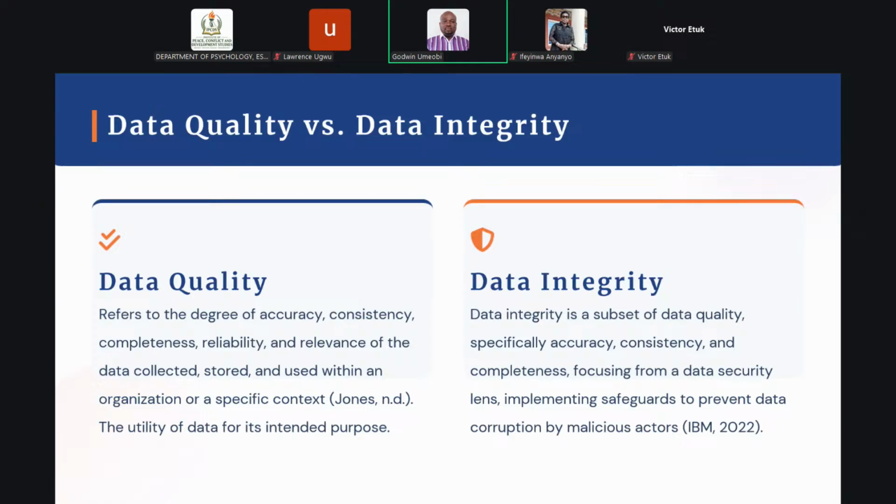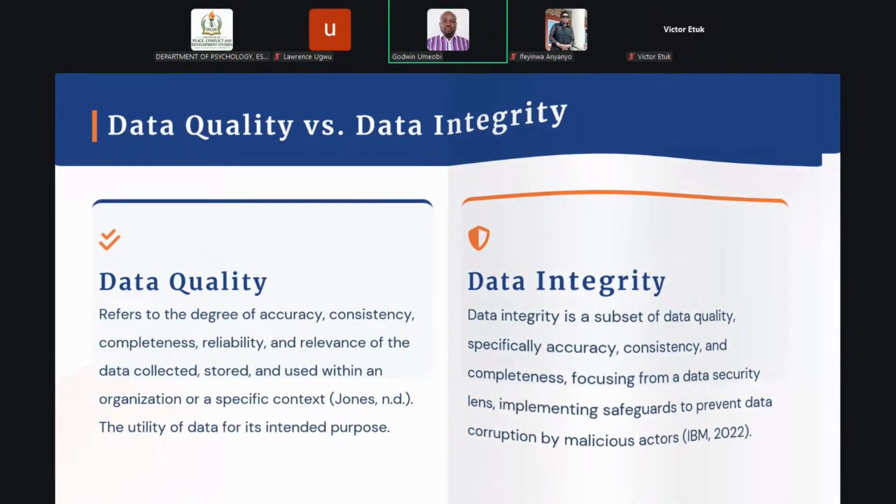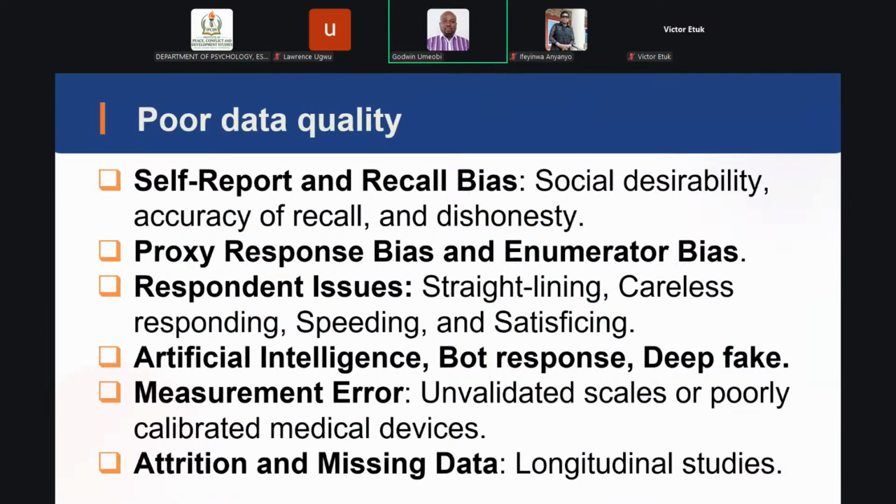Poor data quality today might come from self-report or recall bias. I did a study in the past that asked people about what they went through when they were much younger. You will agree with me that studies that make people think back and remember what happened in the past may have recall bias.